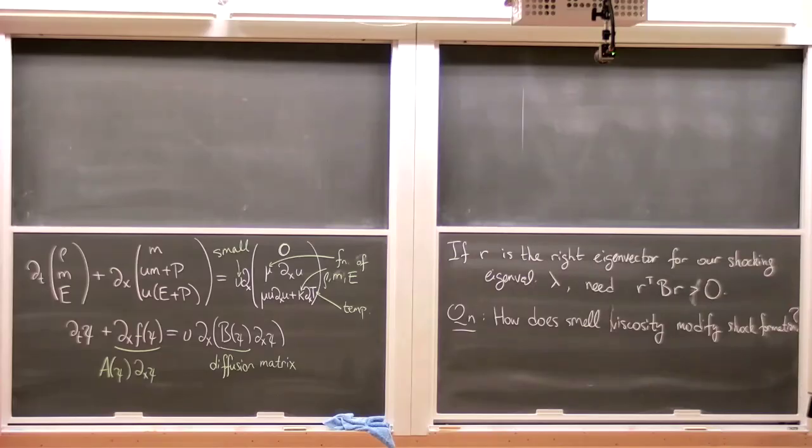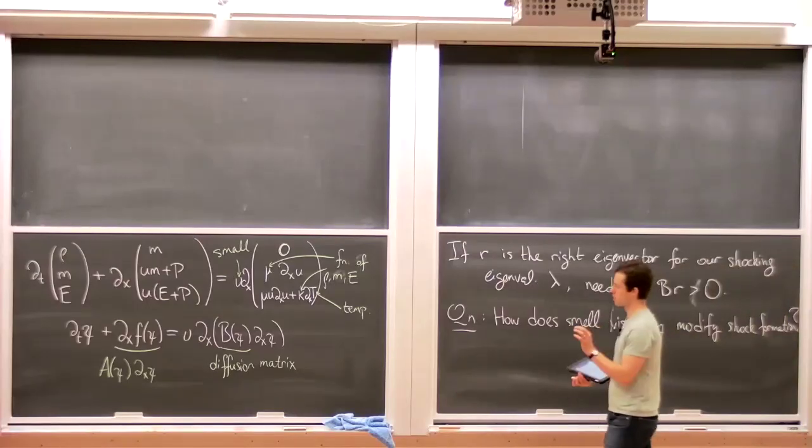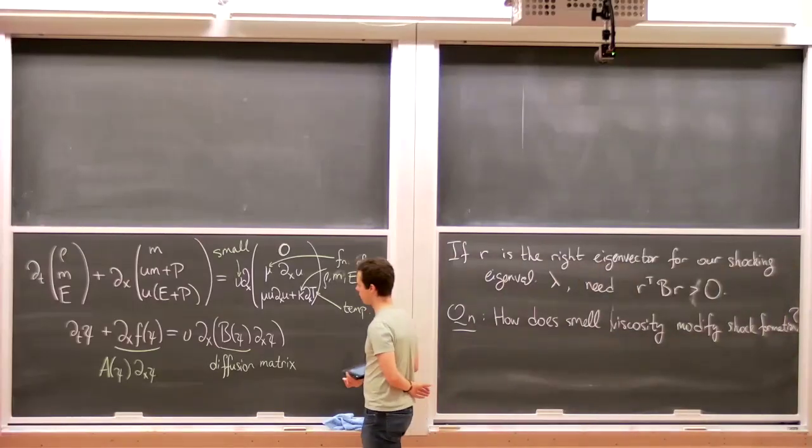In particular, as I study the lead up to that gradient catastrophe, how does the addition of a viscous term in the equation with a small coefficient modify the behavior?